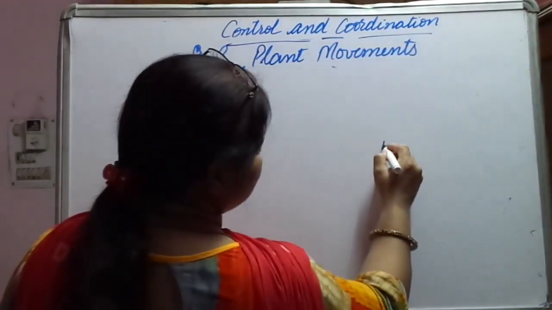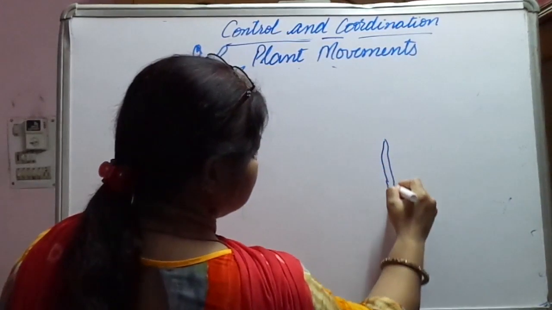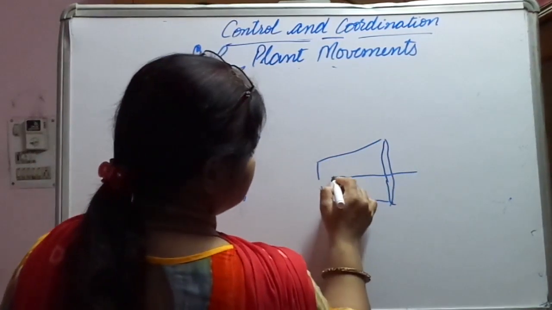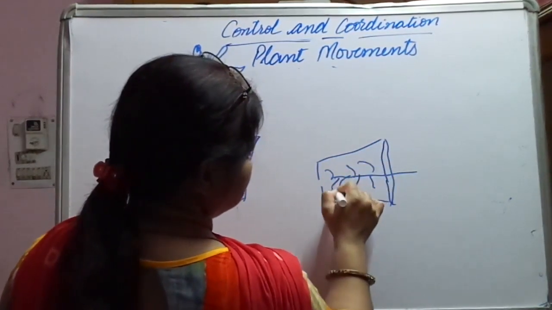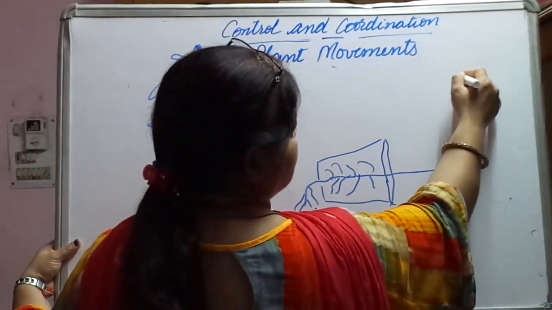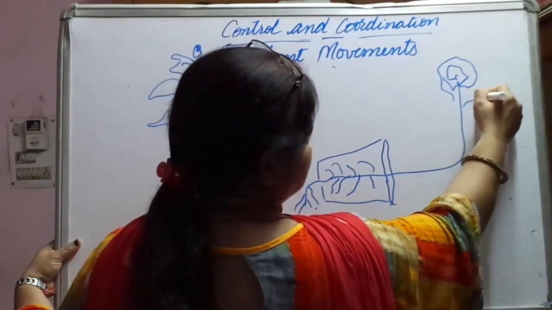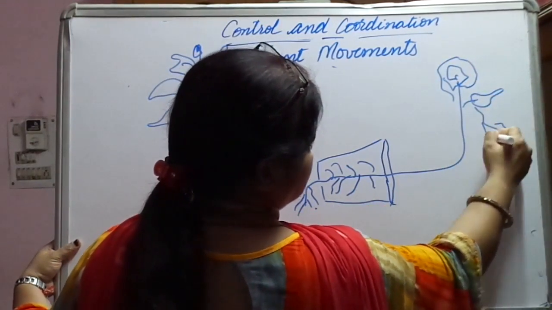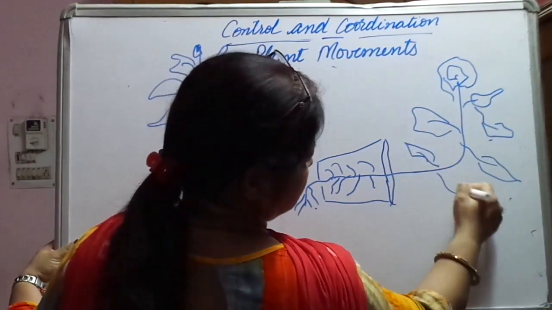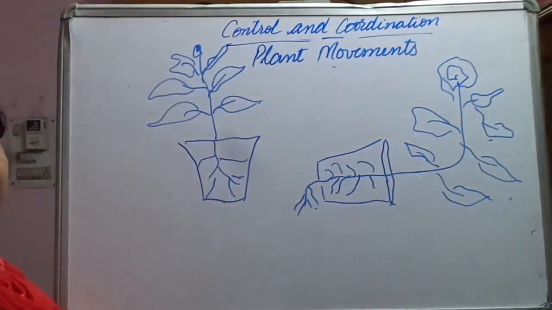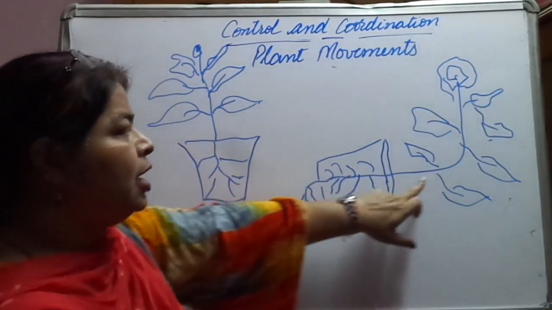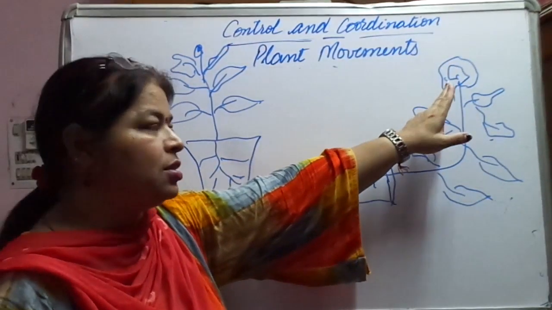After some days, what are you going to observe? So this is how you are going to see the variation. You can see the root is bending towards the gravity of the earth and the shoot is bending away from the earth's gravity.